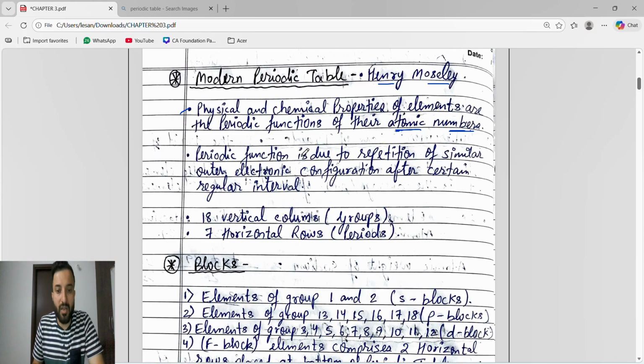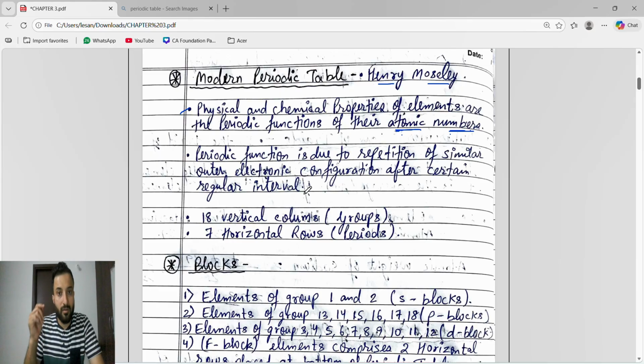Periodic function is due to repetition of similar outer electronic configuration after certain regular intervals. We know, guys, noble gas, again noble gas, noble gas. What is happening? Periodic function, repetition of similar outer electronic configuration. If you take the halogen group: fluorine, chlorine, bromine, iodine, again they are following the same electronic configuration.